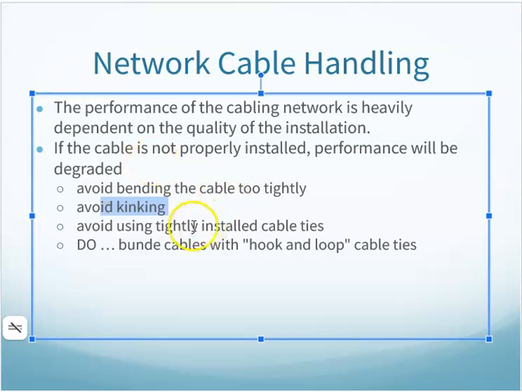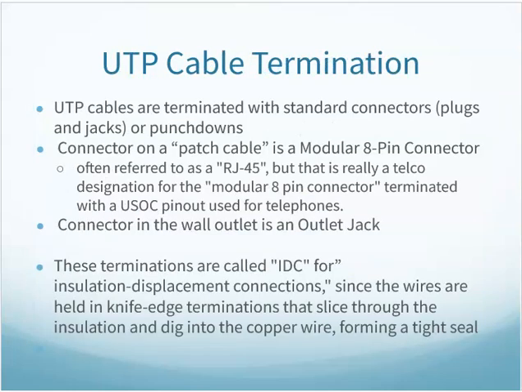I'm not going to use sharp, tightly bundled cable ties like the plastic cable ties. I do want to use the Velcro ties that I can open and close, add to, remove, so it's not a sharp, tight bundle where I might damage the cable inside, either the jack or the cable.